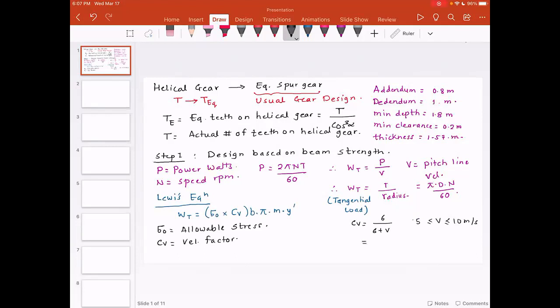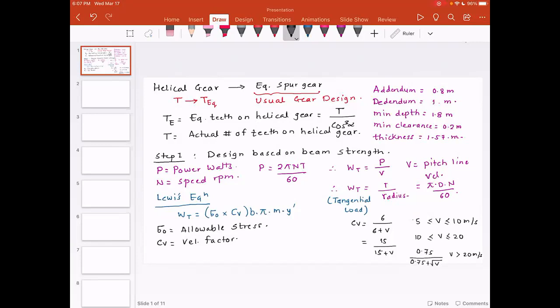When the velocities are between 10 to 20, it is 15 divided by 15 plus V. When the velocities are greater than 20, we use 0.75 divided by 0.75 plus square root of V.